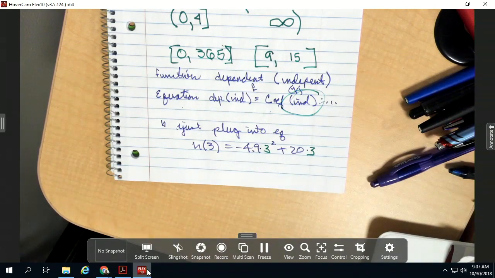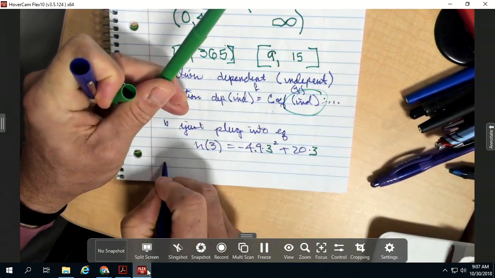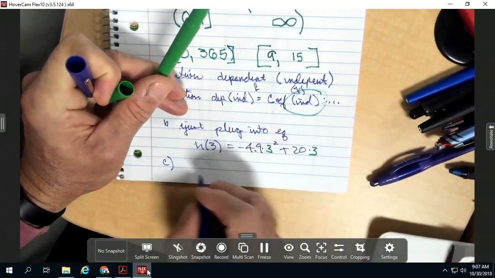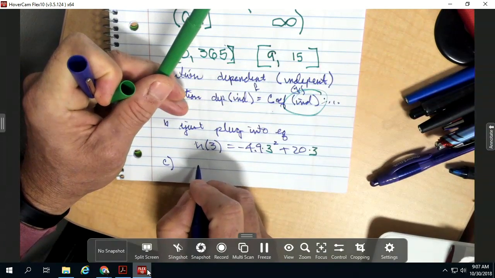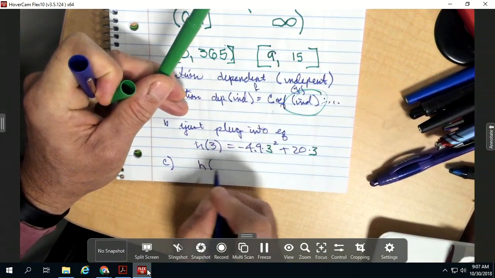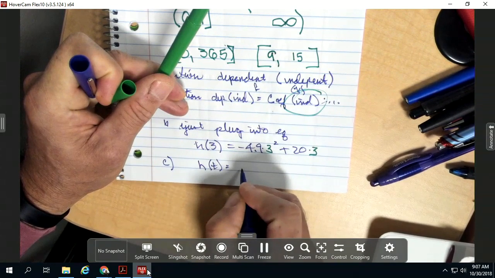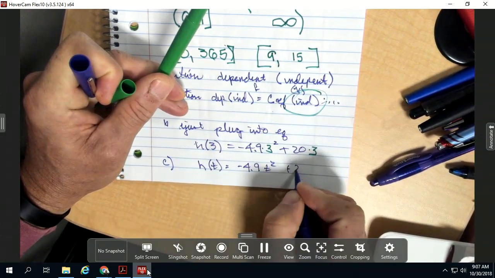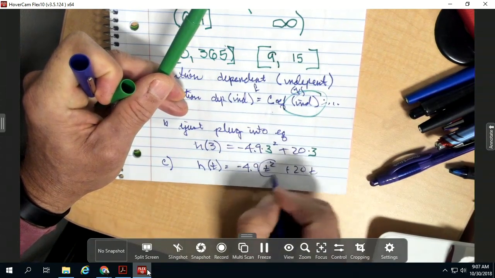Got it? But for letter C, you can't do that because it's not solved for h. So the first thing you would have to look at is you would have to say h of t equals negative 4.9 t squared plus 20t.